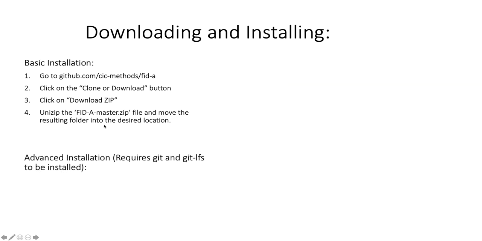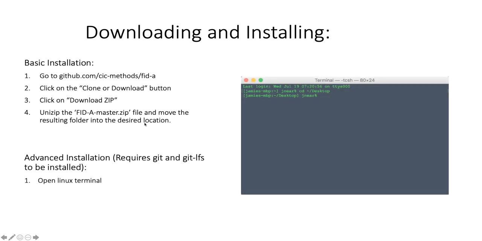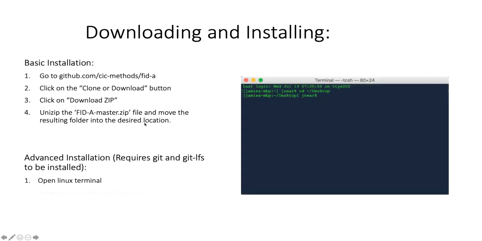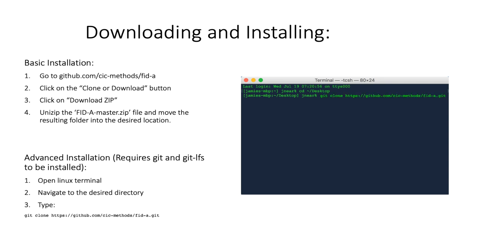Another way to download and install FID-A is to use a Linux terminal. If you have a Linux computer or a Mac, you would open your terminal, navigate into the directory where you want your FID-A copy to be located, and then just type git clone followed by the URL where FID-A is located on GitHub.